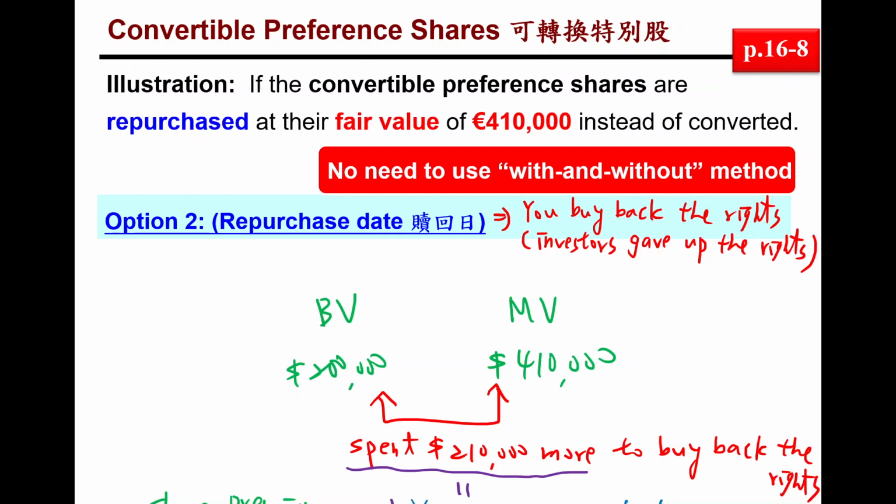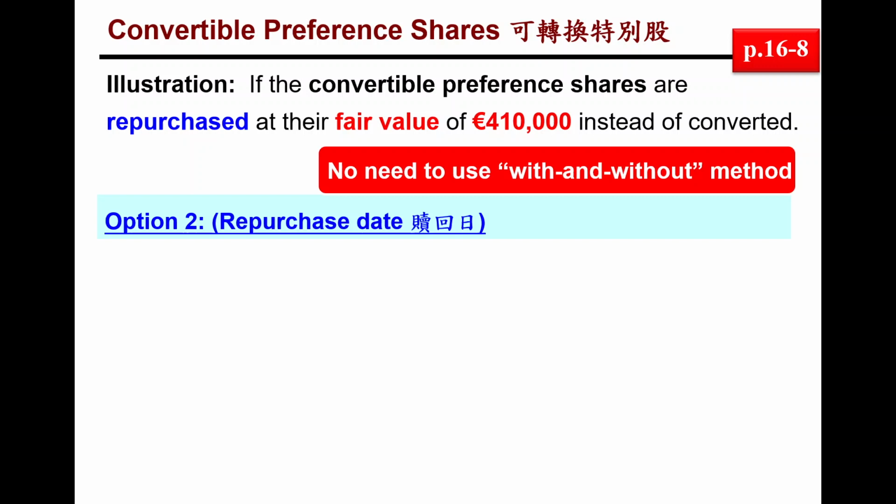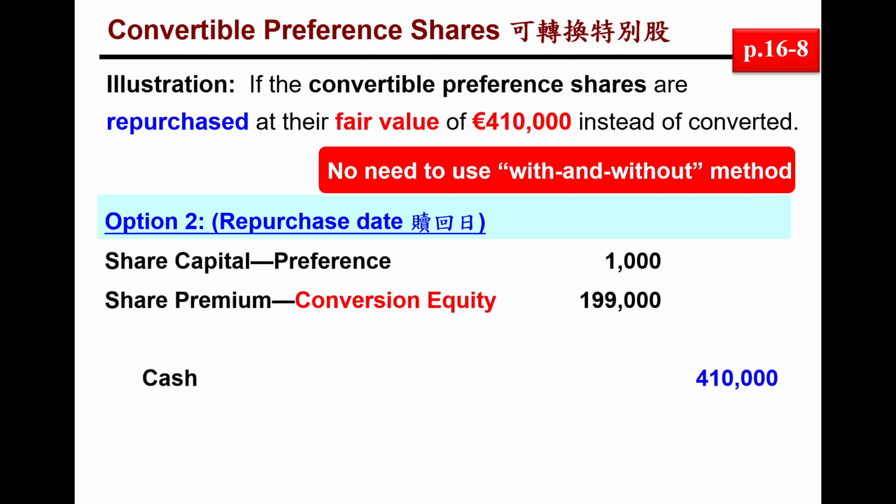No problem. Okay, so right now we have the loss of $210,000 to buy back your convertible preference shares. So which journal entry do we use? For preference shares, decrease. Why is that? Because we buy back your preference shares, right? How much money do we spend? $410,000.